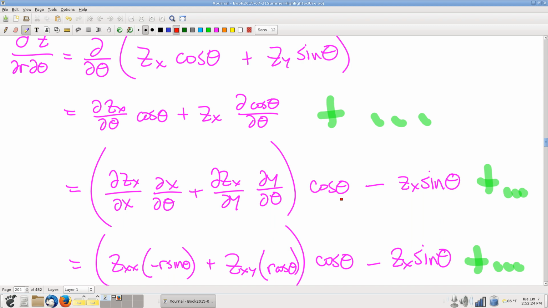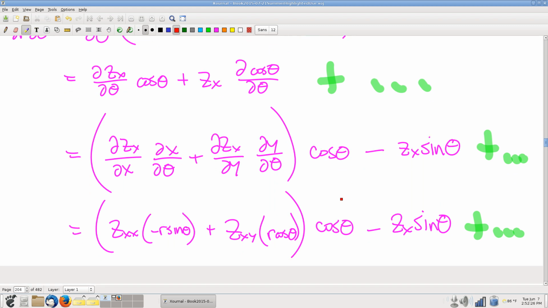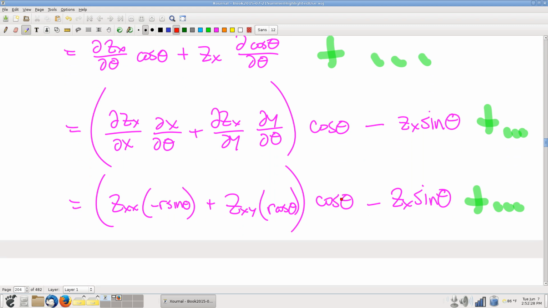The other thing is, I encourage you to try to write as neatly as you can. I like to make outer parentheses bigger and inner parentheses smaller. It's easier on my eyes to see what's going on. Otherwise, you might inadvertently forget that this doesn't just multiply by that term.